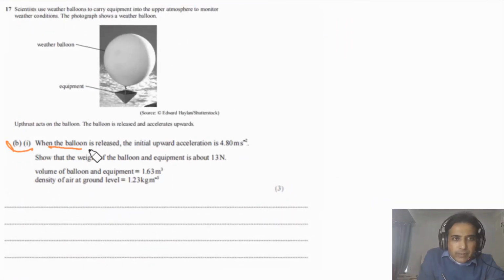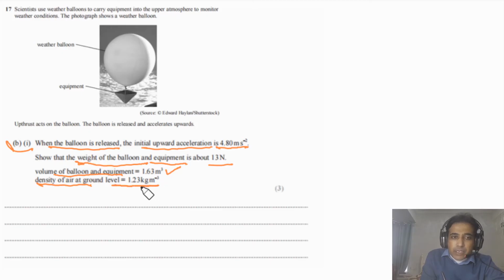Part B1 says, when the balloon is released, the initial upward acceleration is 4.80 meters per second squared. Show that the weight of the balloon and equipment is 13 newtons. The volume of balloon and equipment is given to us, and the density of air at ground level is also given to us. It is given that it accelerates in the upward direction. So first of all, we can draw a free body diagram. The force acting in the downward direction is the weight of equipment and balloon, and there is an upward force acting in the upward direction.